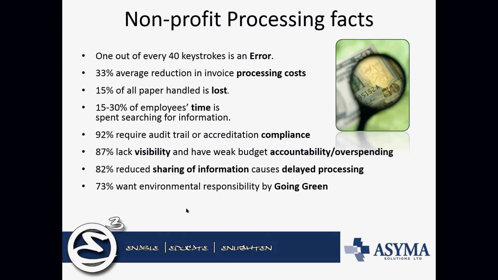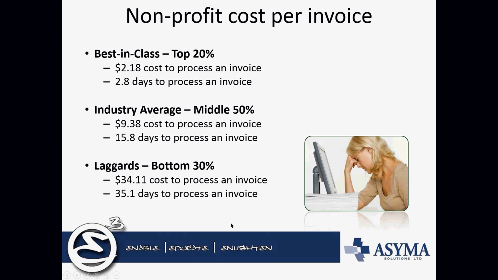And then the last one, 73% of us want to become more environmentally responsible. I think probably that number should be higher. But by going green, we can go to a 100% paperless operation if you fully implement one of these automation systems. So how do we do that? Let's talk about the invoice cost.